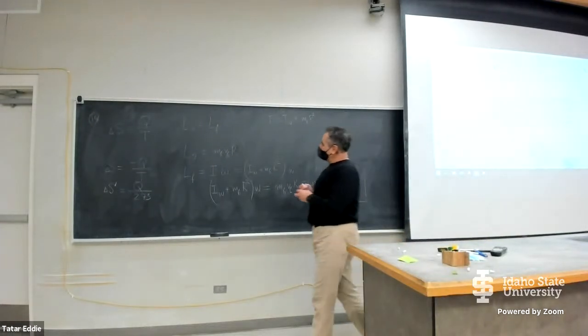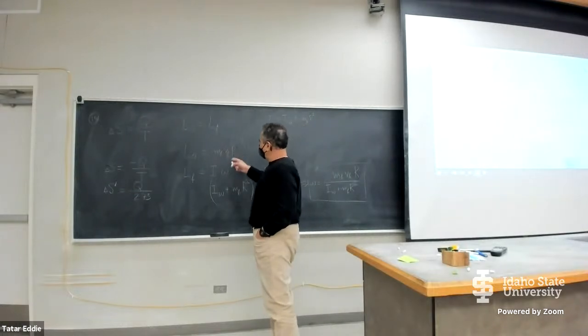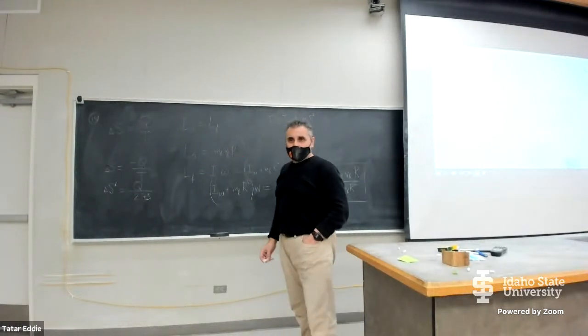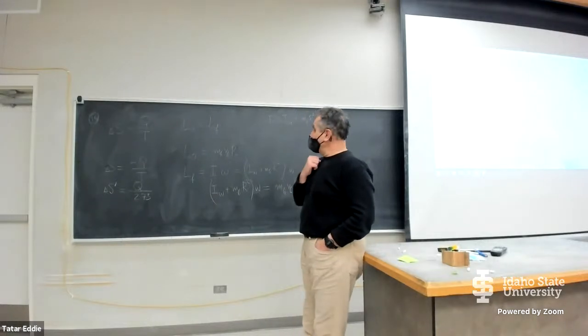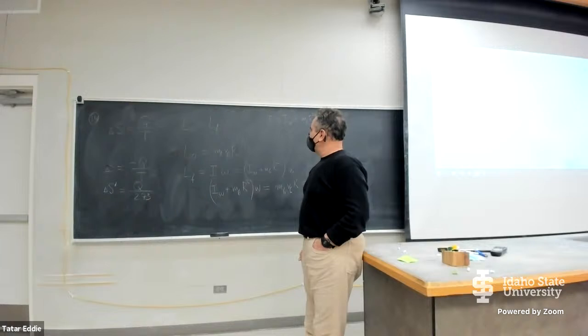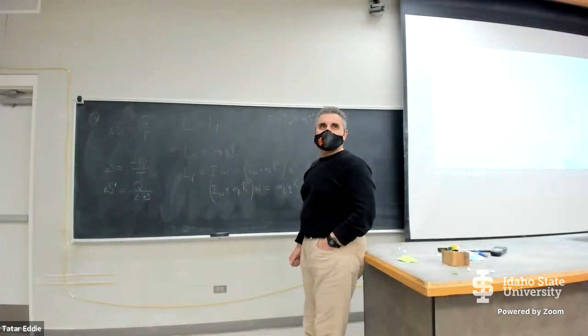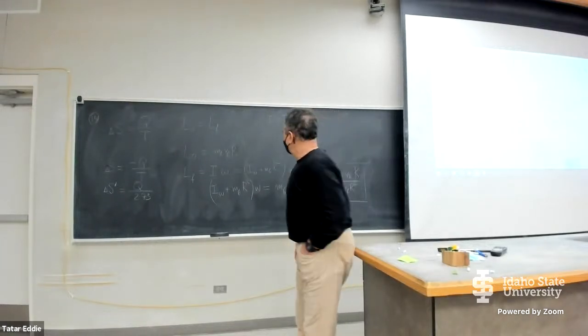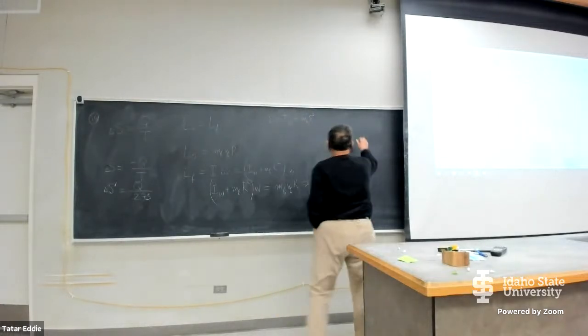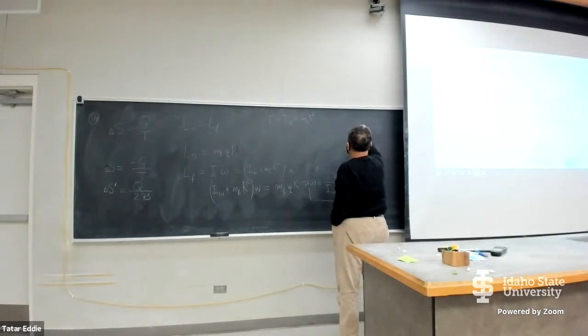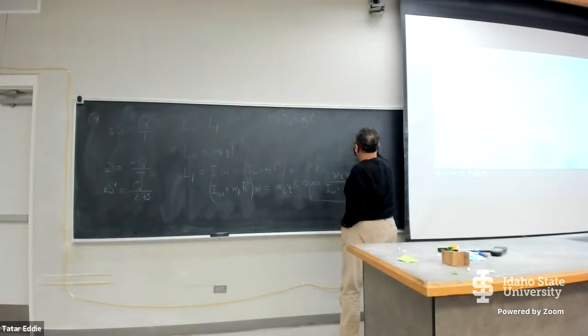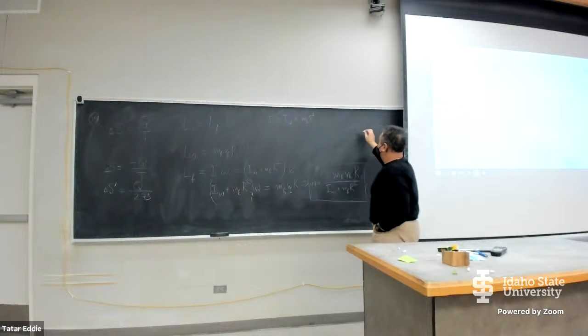So how to justify this expression with the formulas that we have encountered so far? You can justify it by saying, here is the wheel, here is the bullet just before it hits, here is the radius.